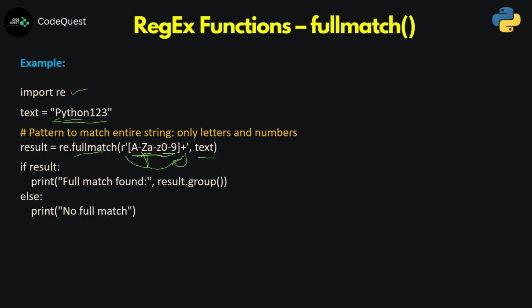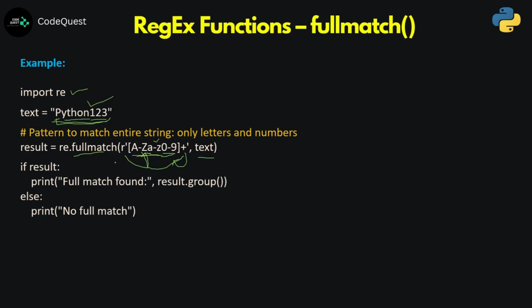And the remaining "ython" is matching with this second one, that is lowercase a to z. The remaining one is nothing but the digits, which come under this category. Because from the beginning of the string till the end, the entire pattern that I have specified here is matching.